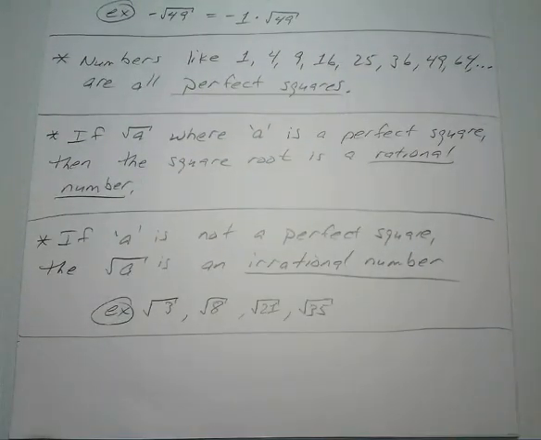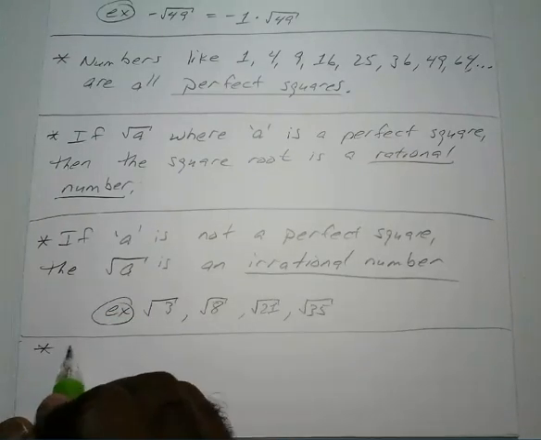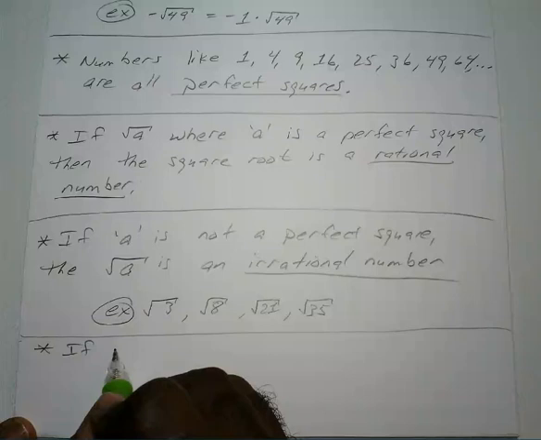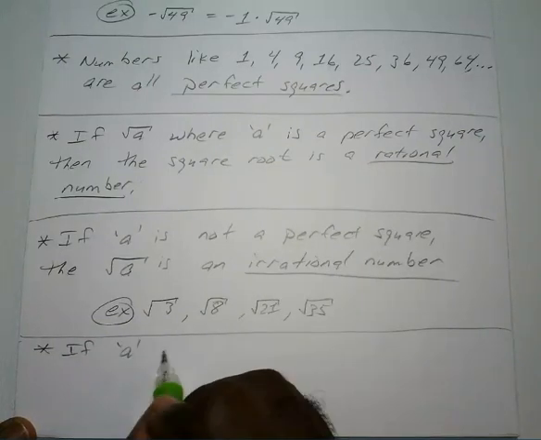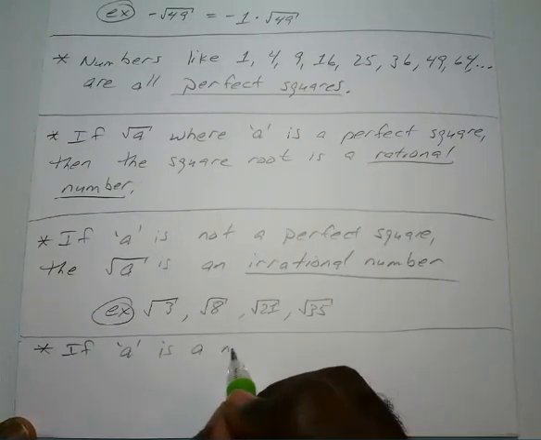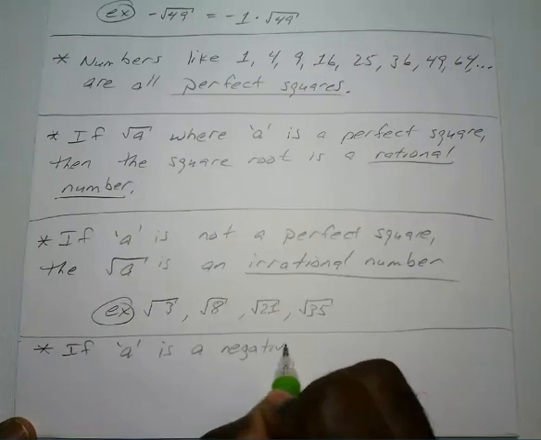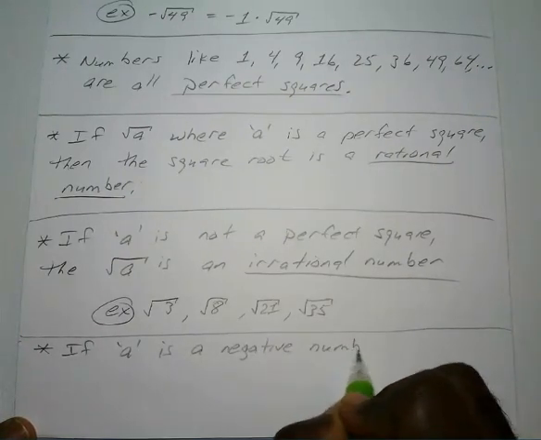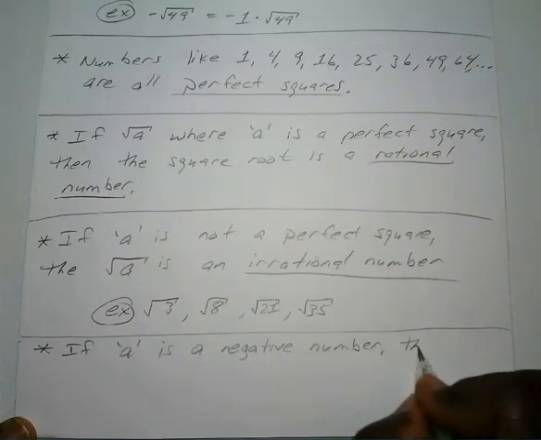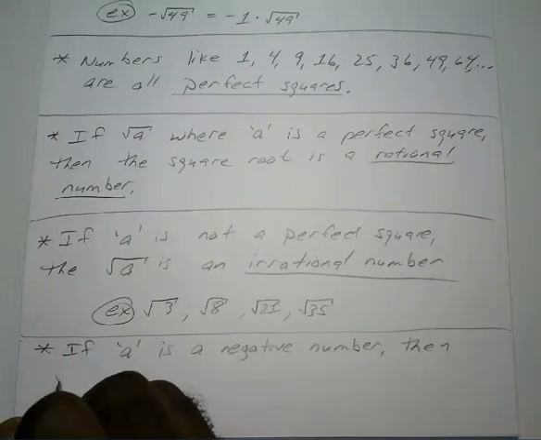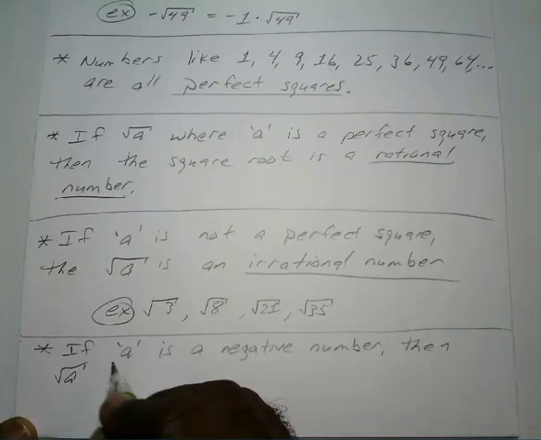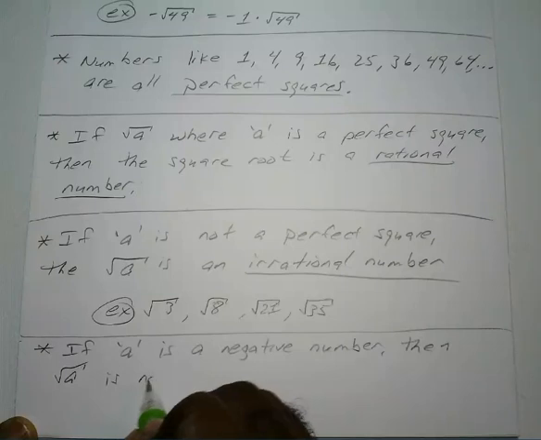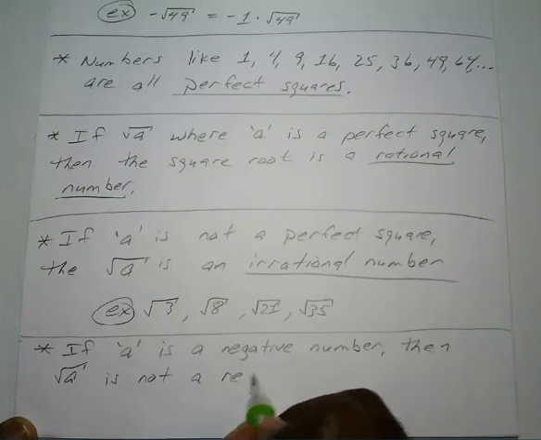Now, if we know that a is a negative number, then the square root of a is not a real number.